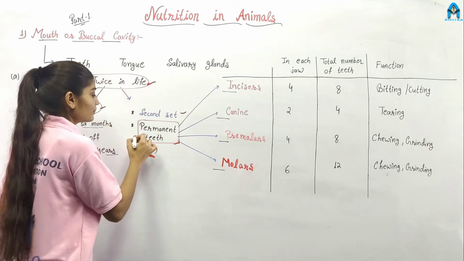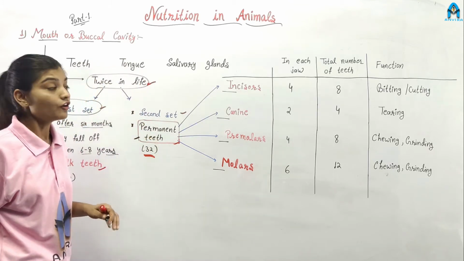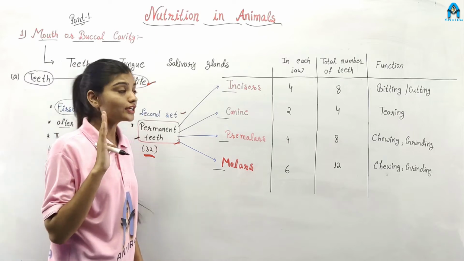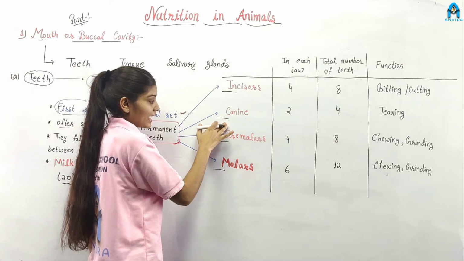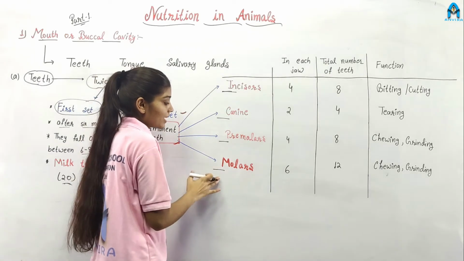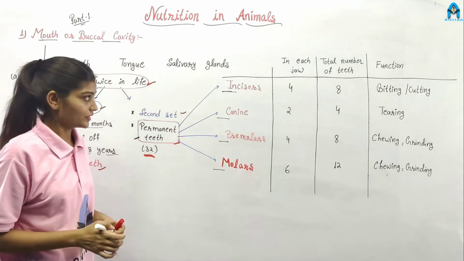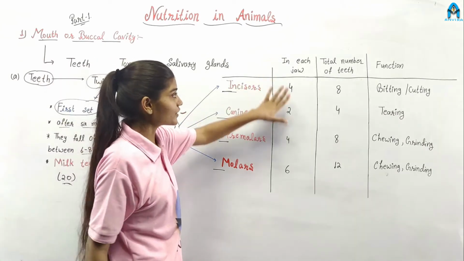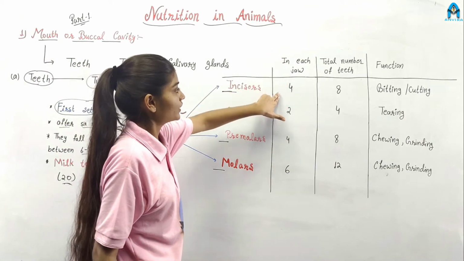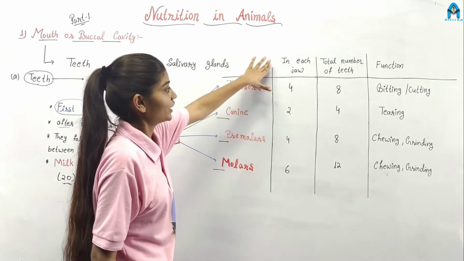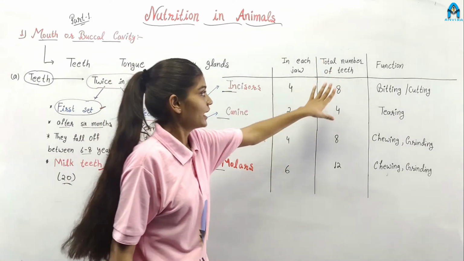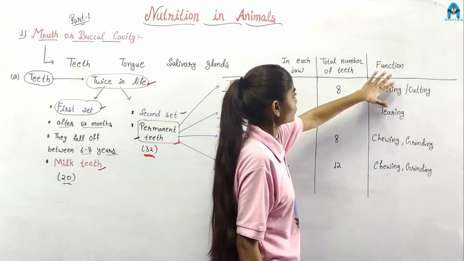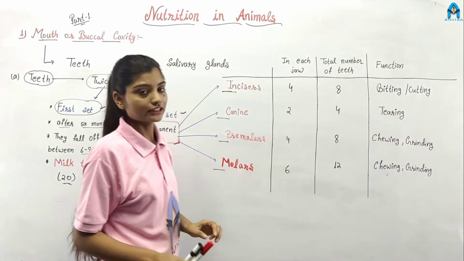That's why the permanent teeth are further classified into 4 types. The first one is incisors, second one is canine, third one is premolars, and fourth one is molars. In the first column is the number of teeth in each jaw, in the second column the total number of teeth, and in the fourth column the function of the teeth.